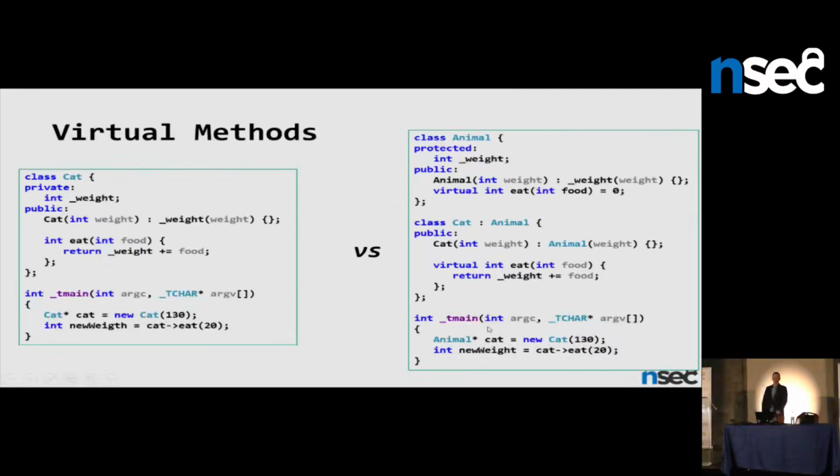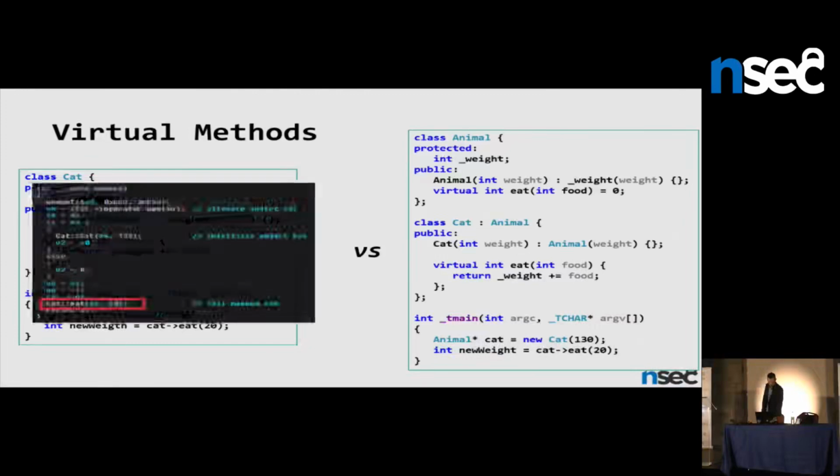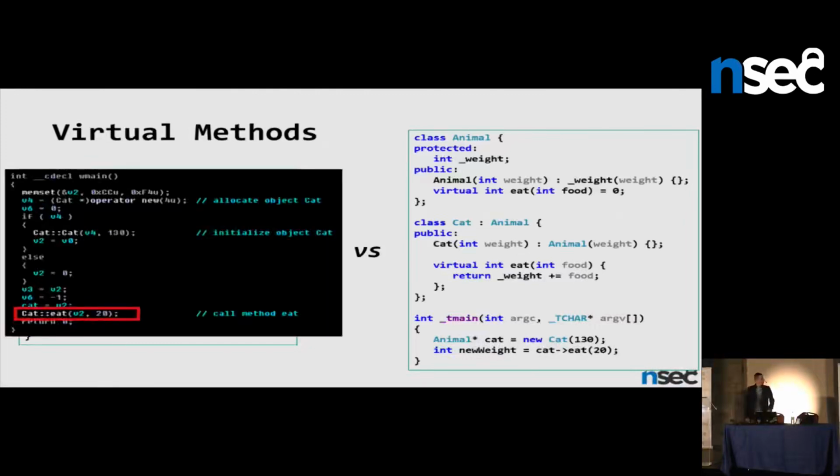Let's compare the code produced by the compiler to see how it differs. I hope you can see this screenshot from the HexRays decompiler. We have an allocation of memory for the object, initialization of the object where the constructor is called, and an execution of the method eat. Everything here is pretty straightforward, nothing special, as if we were reversing a C program.